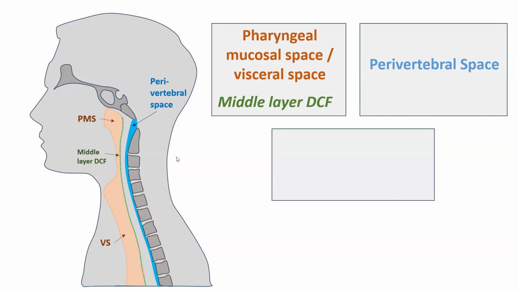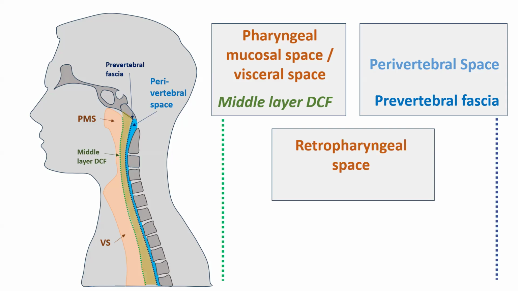Actually, it is more extensive than this, but I only drew the prevertebral compartment of the perivertebral space, and it is lined anteriorly by the prevertebral fascia. Now, located between the middle layer of the deep cervical fascia and the prevertebral fascia, which is part of the deep layer of the deep cervical fascia, we find the retropharyngeal space.